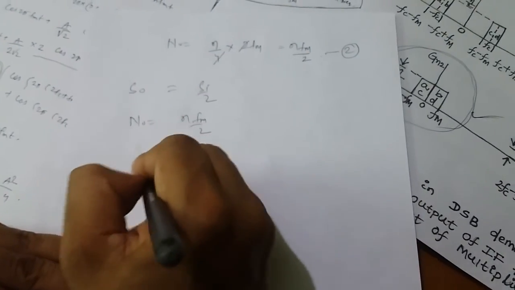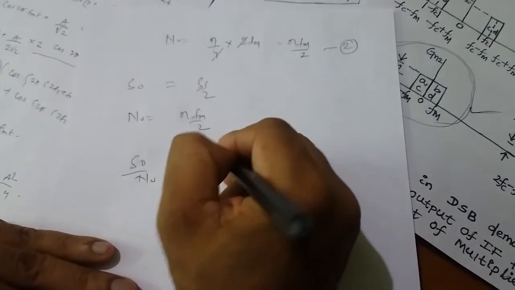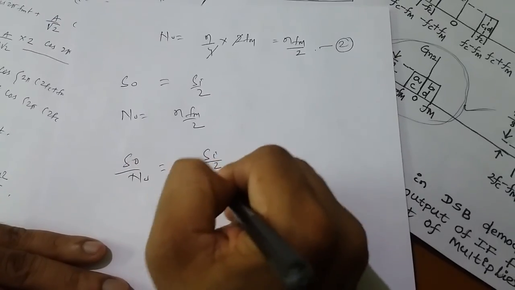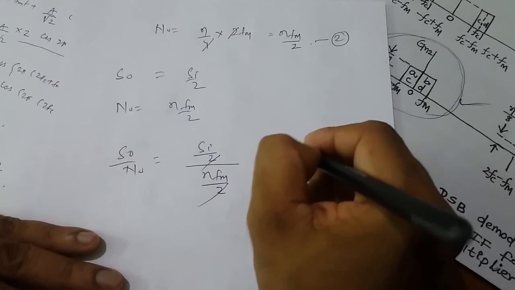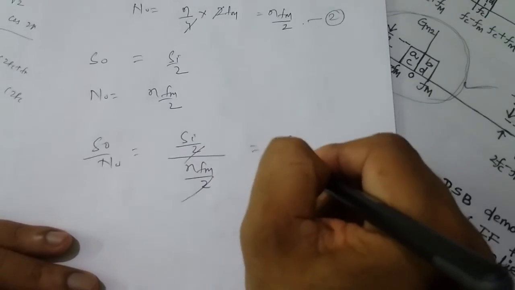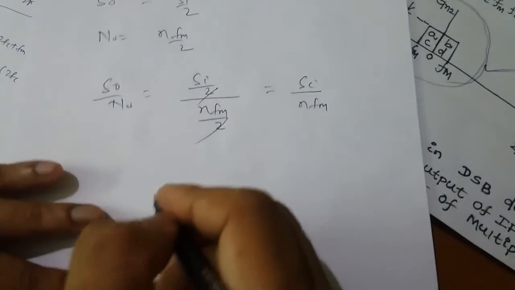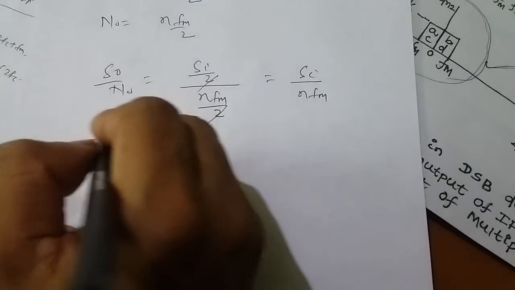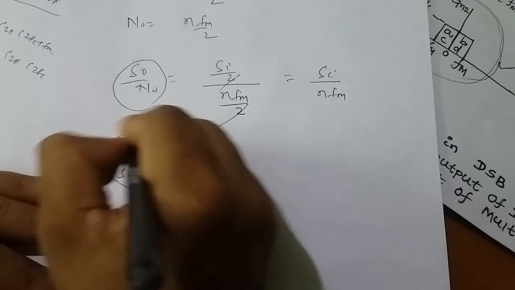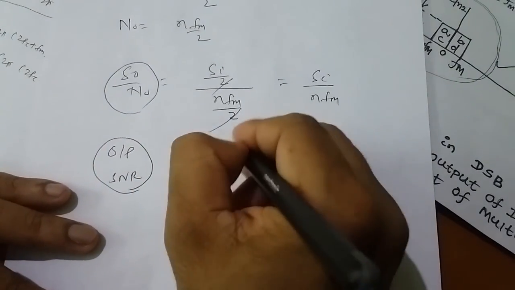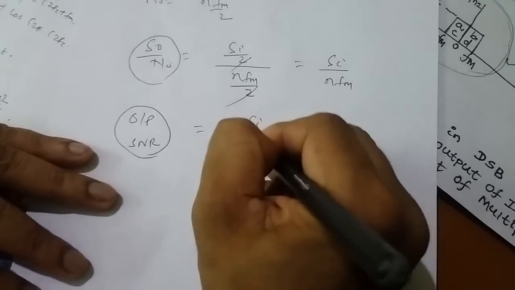Now divide: S0 by N0 equal to Si by 2 by eta fm by 2. The 2 cancels, giving Si by eta fm. So this is called the output SNR, the output signal to noise ratio.